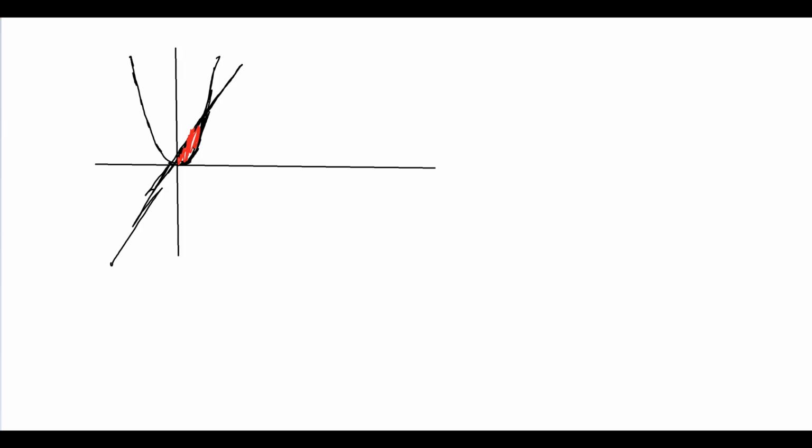So each of these cross sections are equilateral triangles. So if we were to visualize this, this is our region, and this is our cross section.